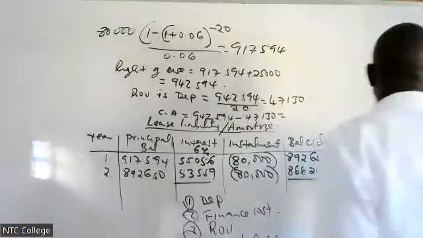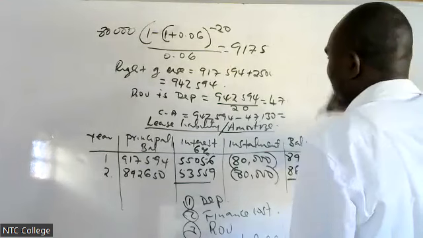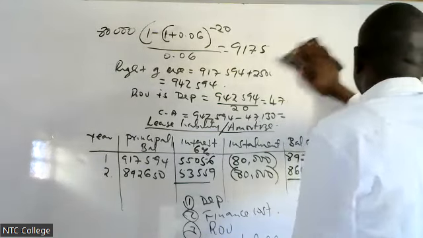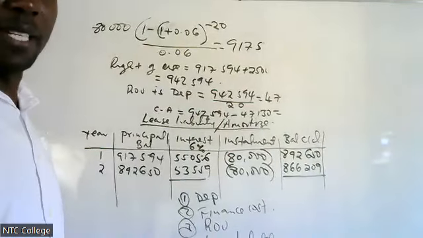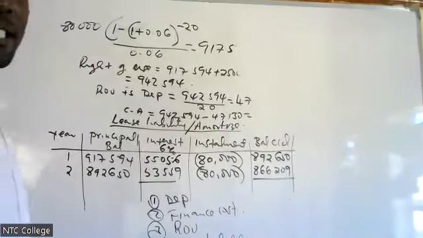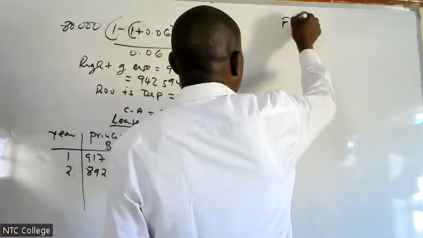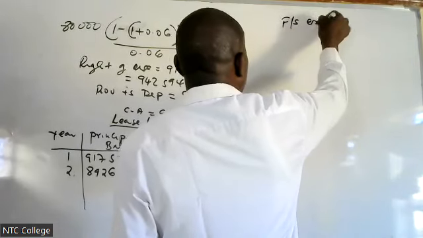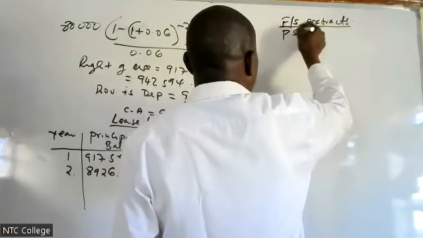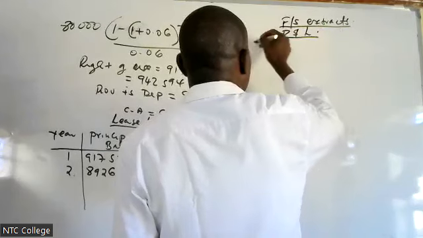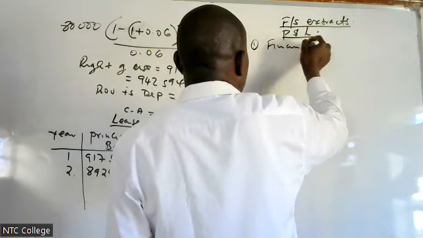Now let's prepare the financial statement extracts, because up to there we are not yet done. We begin with the P&L extract. Number one, we are going to report the finance cost.